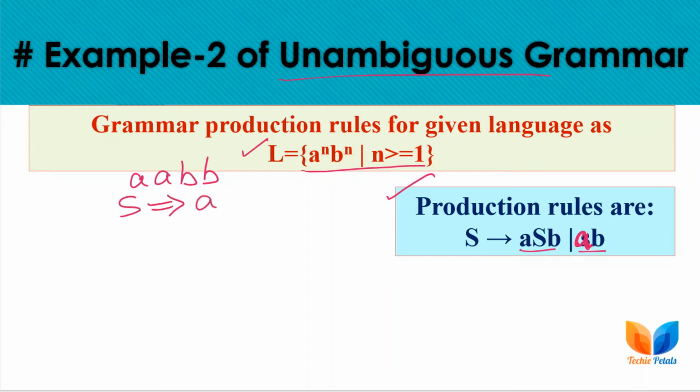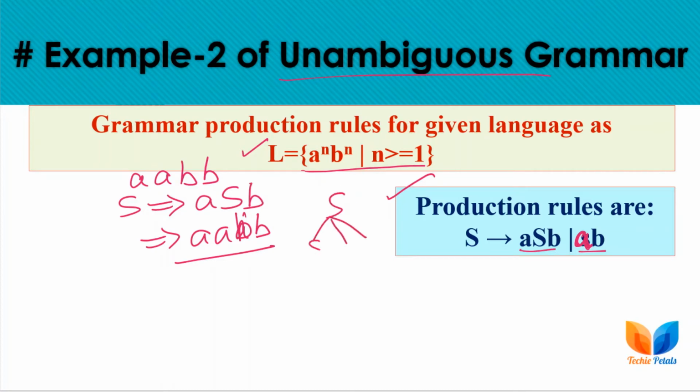You will have only one option, so we cannot have multiple paths for any string belonging to this language. As we cannot have multiple paths, this grammar is not ambiguous. You will have only one leftmost derivation path or leftmost derivation tree for any string of this language. So this grammar is unambiguous.